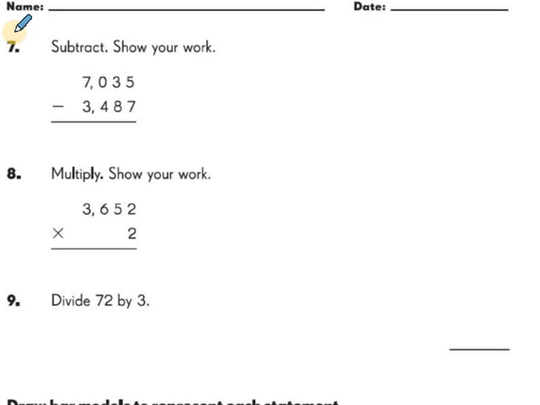So here's number 7, and I know how to subtract. I remember the poem that says, more on the floor, go next door, right? So I know how to regroup when I subtract. Number 8, this one is multiplying, and I need to show my work. It's been a while since we looked at this, and I remember it's kind of complicated. So 2 times 2 is 4.